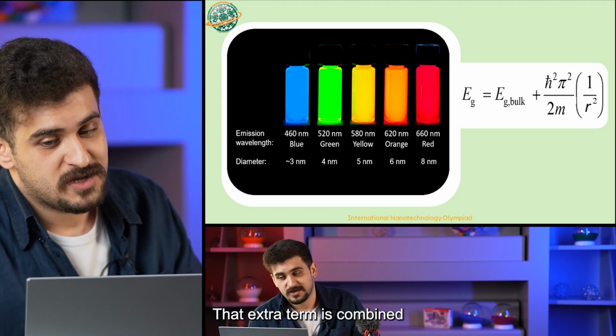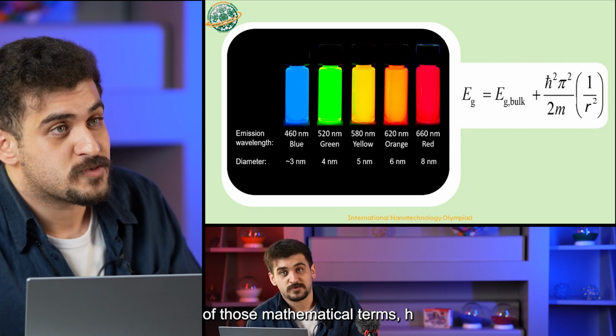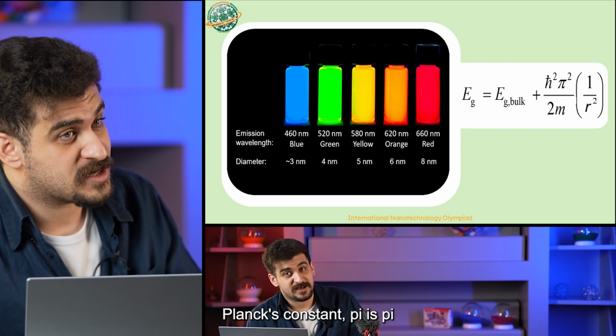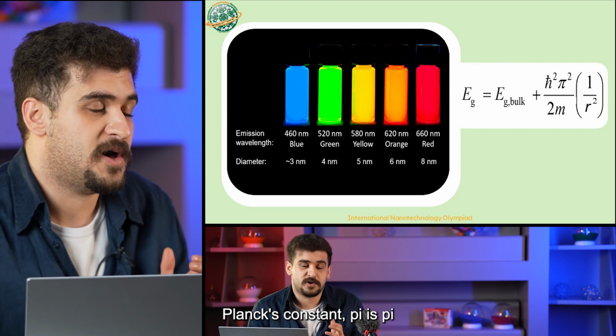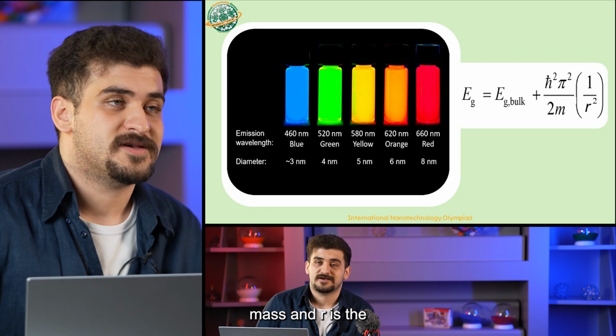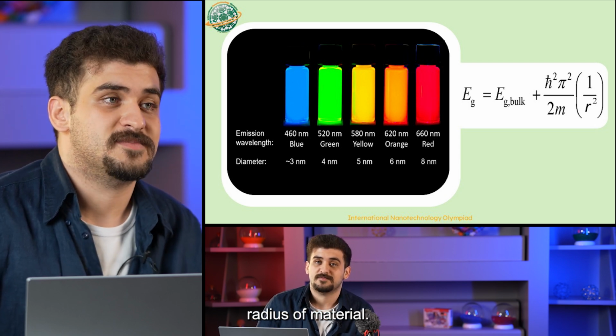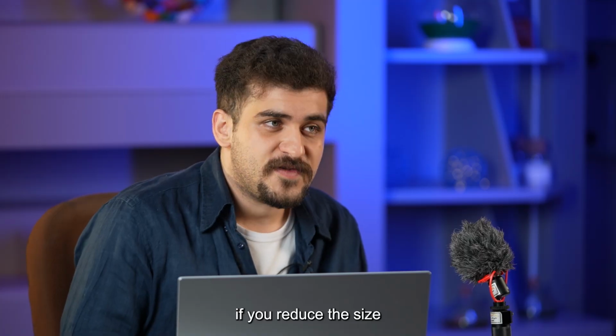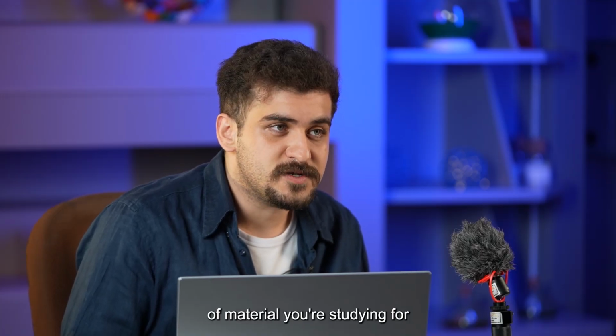That extra term is combined of these mathematical terms: h bar is Planck's constant, pi is the number pi, m is the relative mass, and r is the radius of the material.